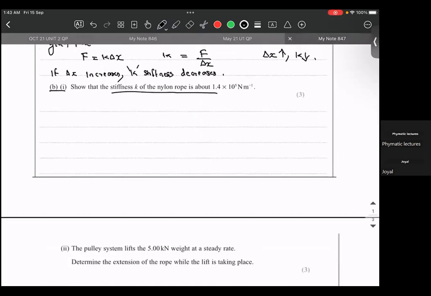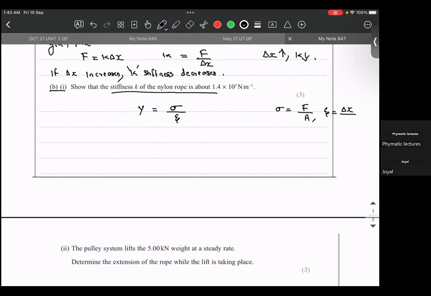So we need to find the stiffness, right? So the basic equation for Young's modulus Y. What is the equation for Young's modulus? It is stress sigma over strain. What is stress? It is force per unit area. What is strain?